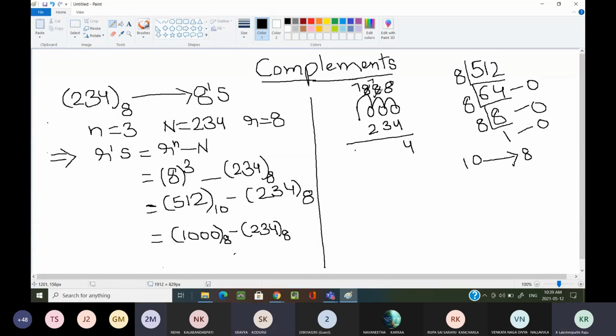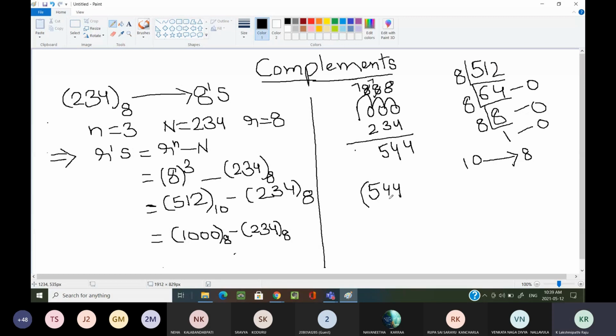4. 7 minus 3, 4. 7 minus 2, 5. This is the required r's complement of the given number.